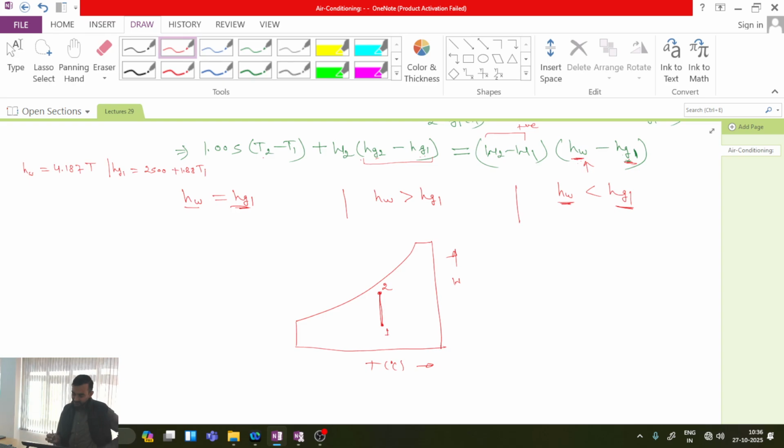On the other hand, when HW is greater than Hg1, what it means? Water temperature is more, water enthalpy, whatever the water vapor we are adding, its enthalpy is more in comparison to enthalpy of the dry air or moist air, whatever inlet air we are having. It means that we are adding steam at superheated condition in the moist air.